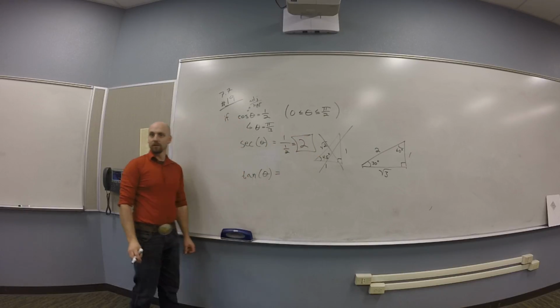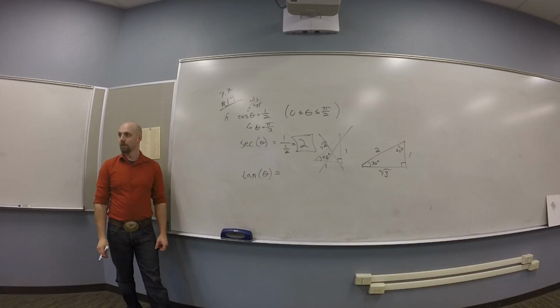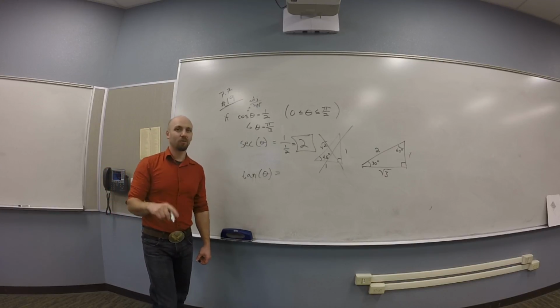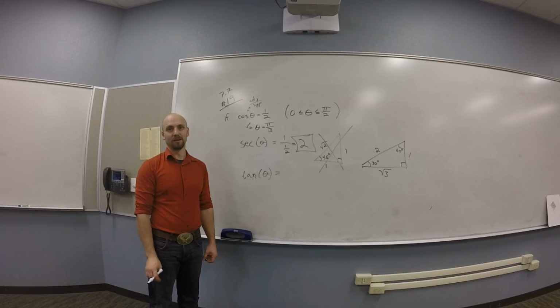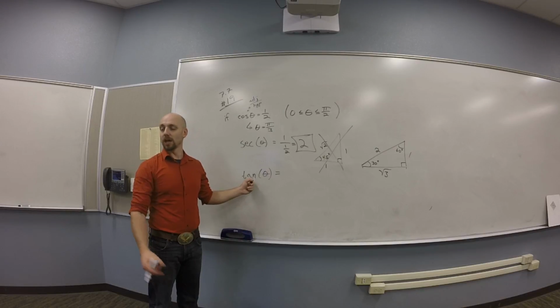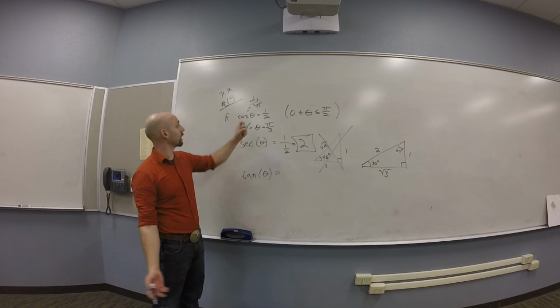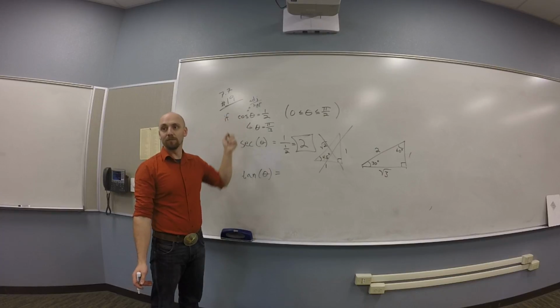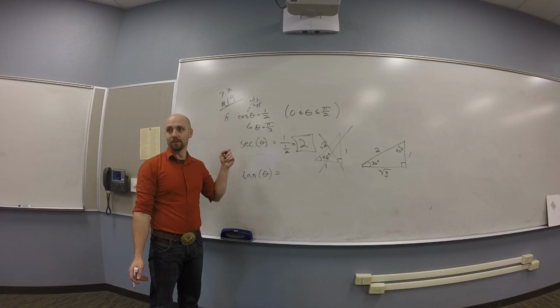And then tangent. For tangent, you gotta work a little bit. It's sine over cosine, which makes sense because I know the cosine is a half. So it's something over a half. Let's just find sine.